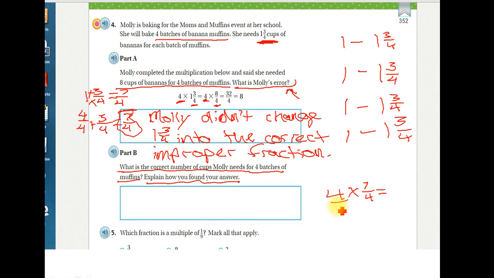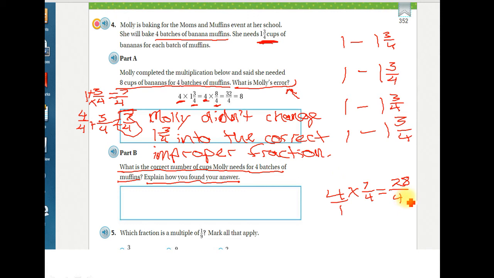Well, now we can think of that 4 as 4 over 1, and 4 times 7 is 28. 1 times 4 is 4, and then now I just need to change that improper fraction. See how she got 32/4, it should have been 28/4.